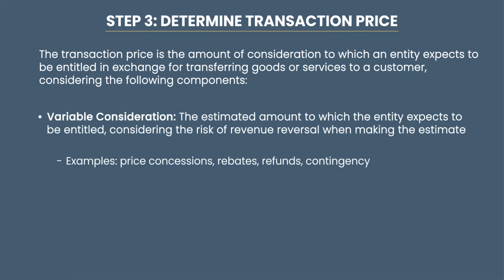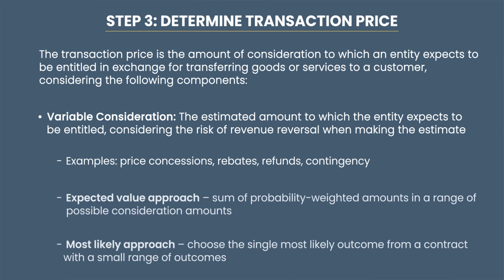This is the estimated amount to which the entity expects to be entitled, considering the risk of revenue reversal when making the estimate. Some examples of this include price concessions, rebates, and refunds, as well as contingency arrangements. There are 2 different methods under variable consideration. The first is the expected value approach and the second is the most likely approach.